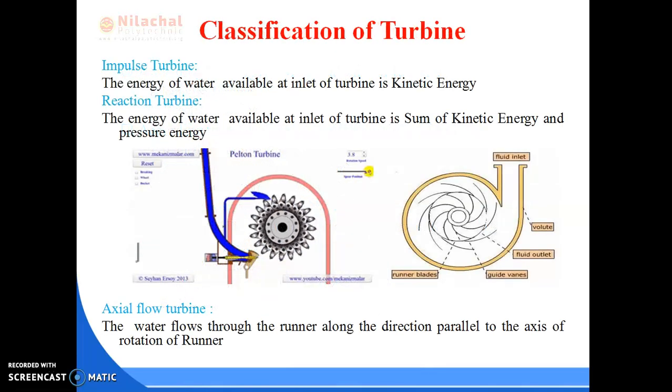So if the energy available at the inlet is kinetic energy, then that is your impulse turbine. And if at the outlet we have kinetic energy and pressure energy, then that is known as your reaction turbine. In the next class, we will go through the classification of the turbine in detail.